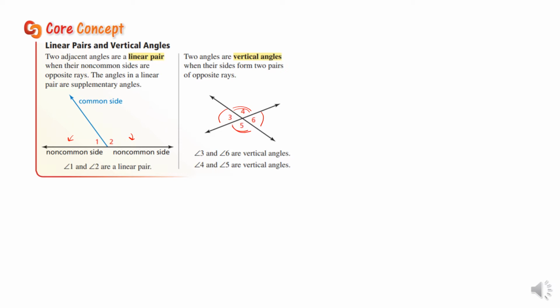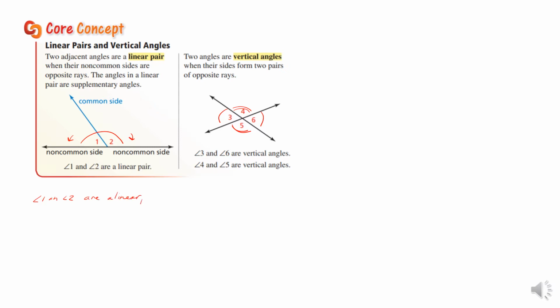One important thing that you need to remember is whenever you're writing a proof, you have to establish that two angles are linear pairs before you can use that to prove something else. For example, if I wanted to prove that angle 1 plus angle 2 equals 180 degrees, I would first have to say angle 1 and angle 2 are a linear pair.